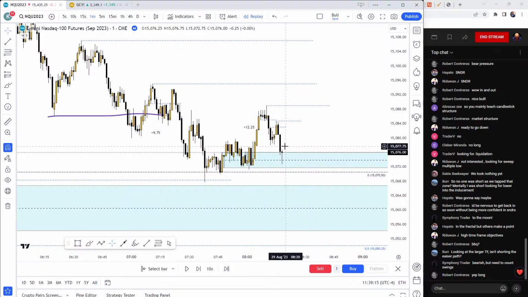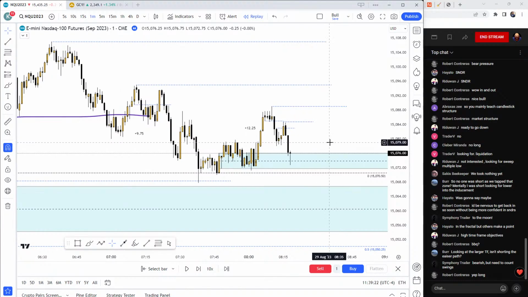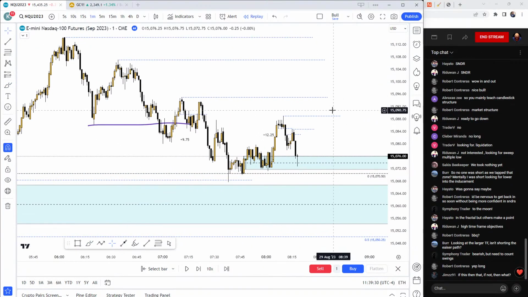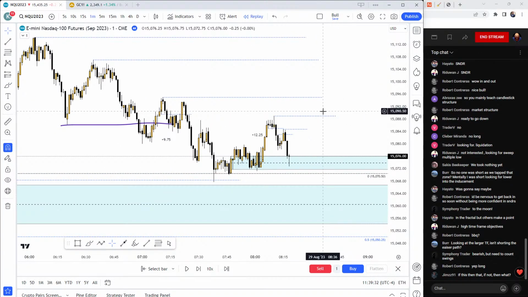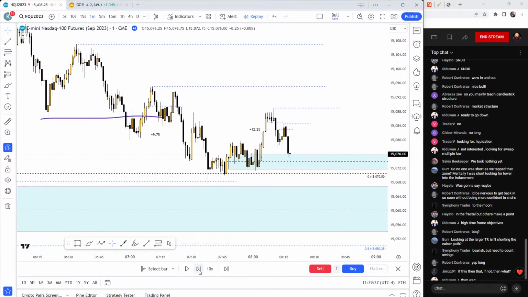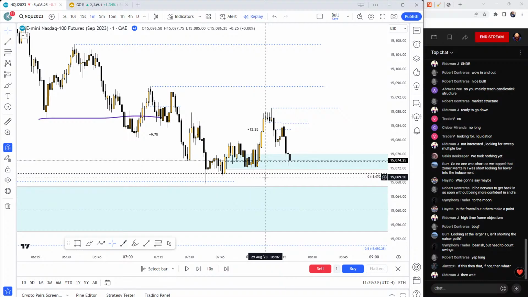But right now, we're starting to come into about 8:30, which is a key area for London. And I'd be expecting a higher move at some point. That's right. If this, then that. Okay.